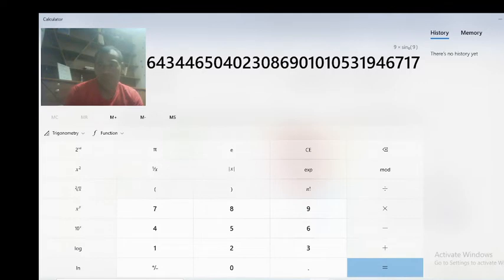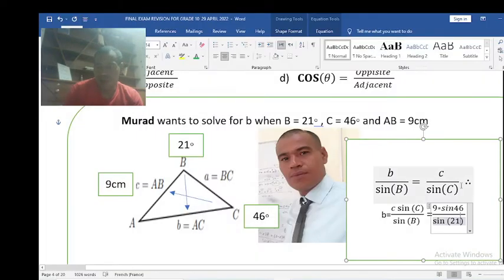Okay, I will use my calculator. I will just make this one. We have, so we told 9 sine of 46 equal, then divided by sine of 21.